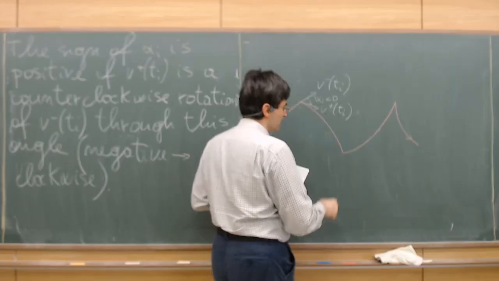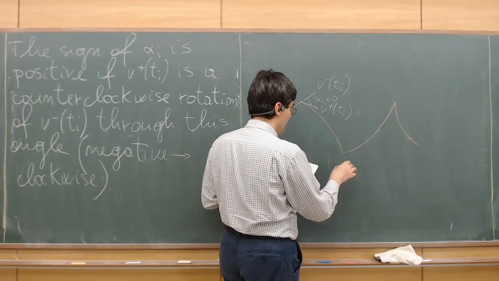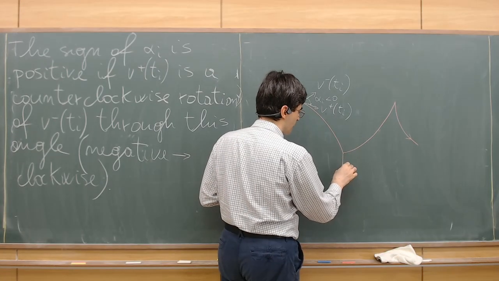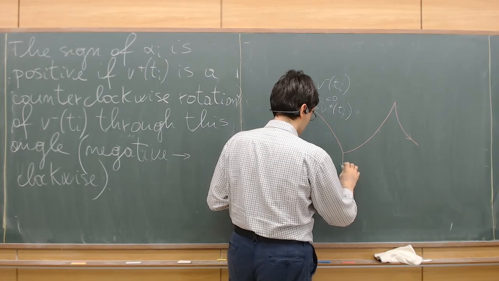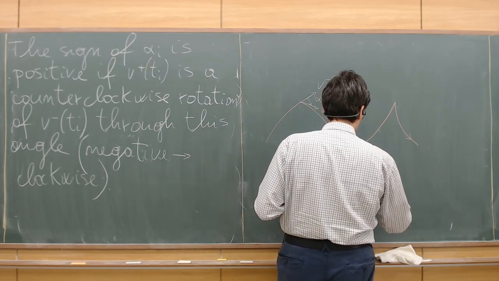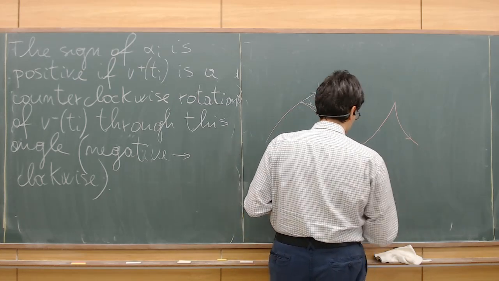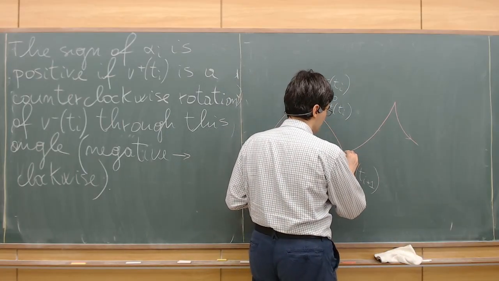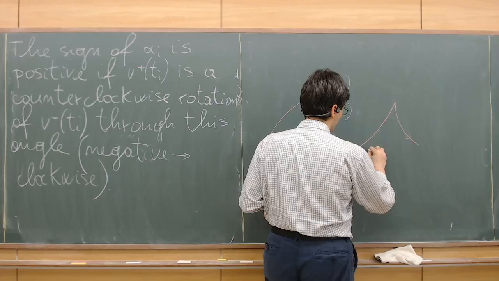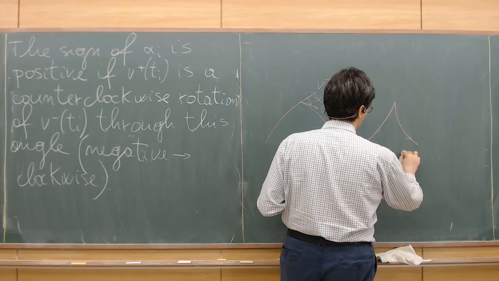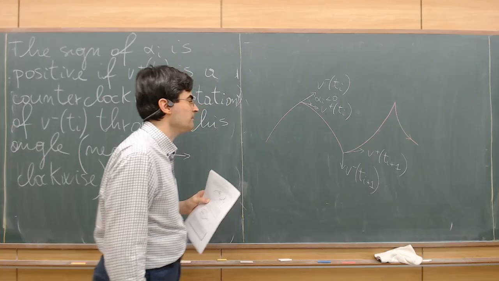Instead, in this case here, we have that V minus Ti plus 1 points this way, and V plus Ti plus 1 points this way.